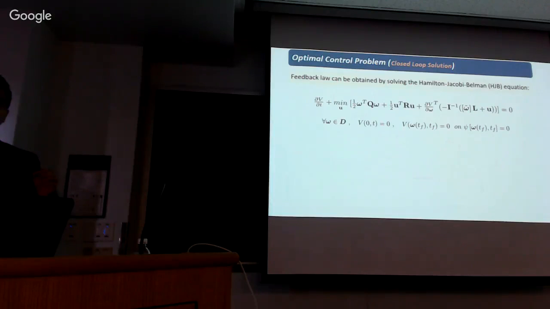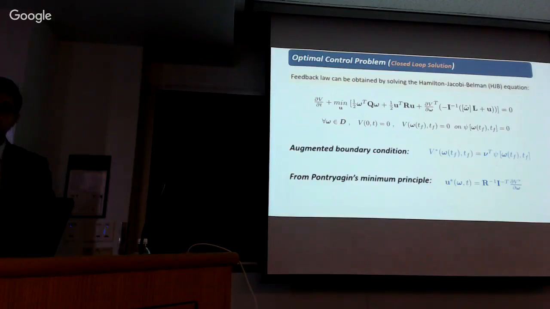So it means that it should be 0 just on the terminal constraint manifold. Again, by using the Lagrange multiplier nu, I will add my terminal constraint to my boundary condition.